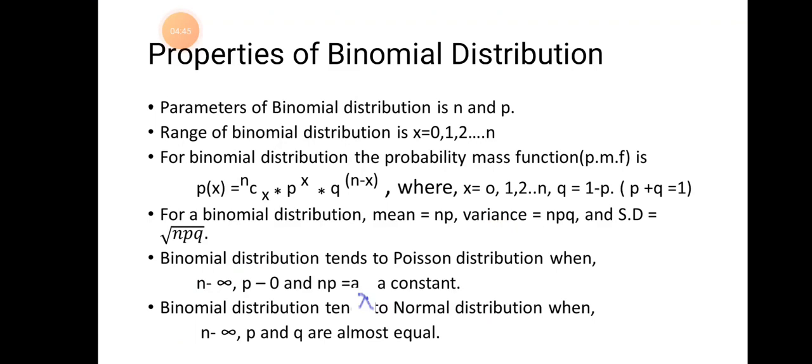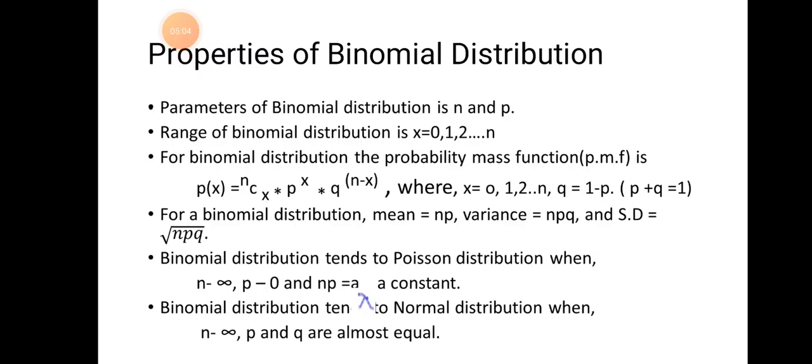Then properties of binomial distribution. The main parameters of binomial distribution are n and p. So n and p are very much required for the calculation. Range of binomial distribution is x equal to, it starts from 0 till n.